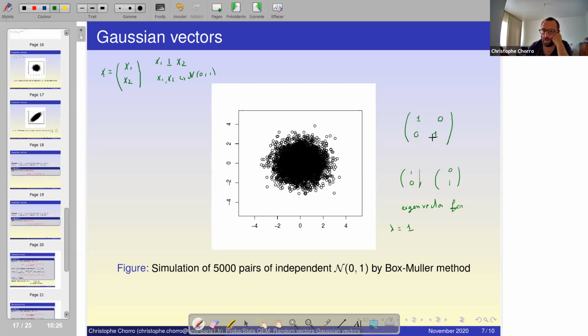That is the eigenvalue 1 here. And I see that I have two interesting directions here.